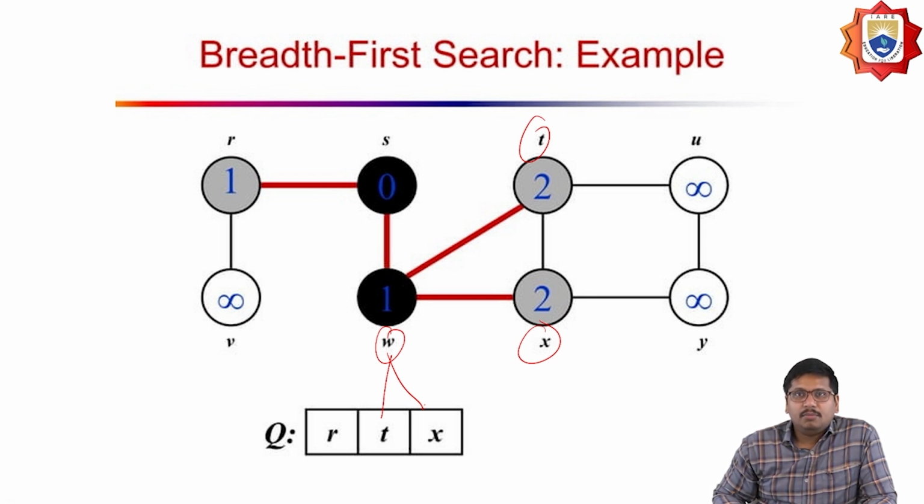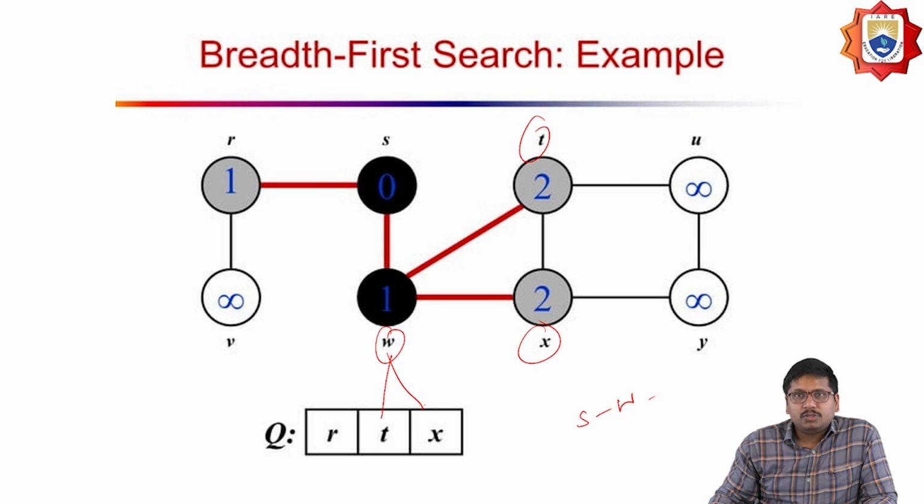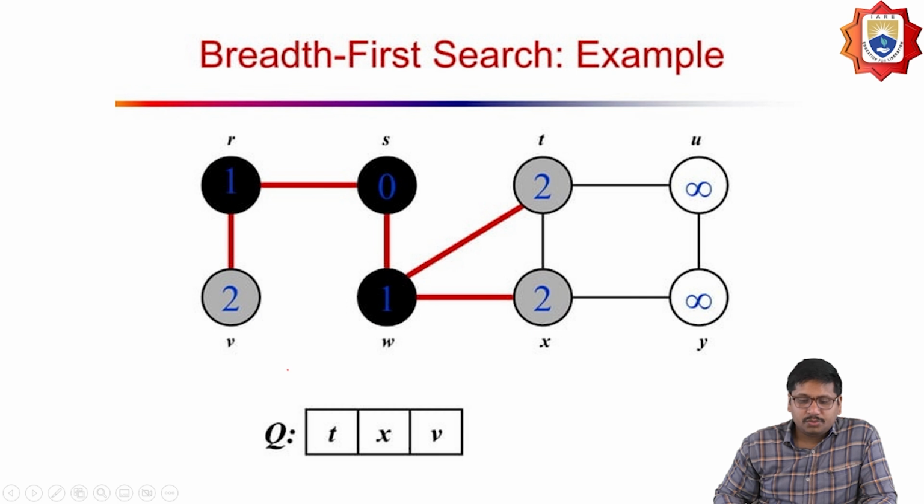So initially R and W, then S is taken out, and the vertices adjacent to W are pushed into the Q. Then next, we have to find the vertices adjacent to R. For that, V is there. So V should be pushed onto the Q.